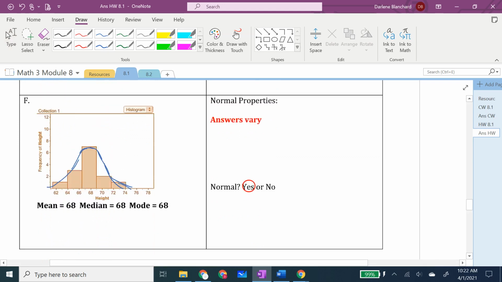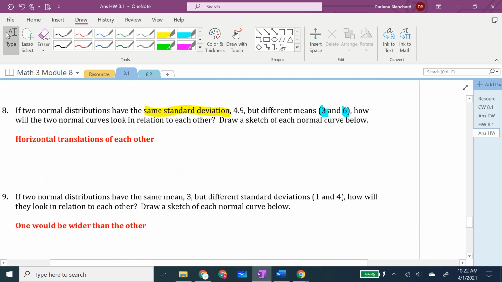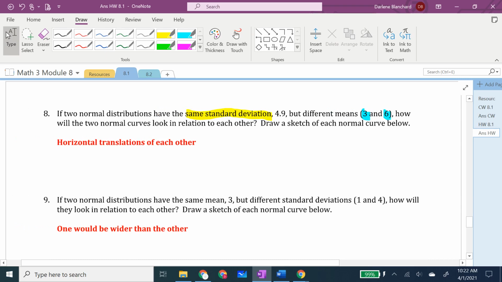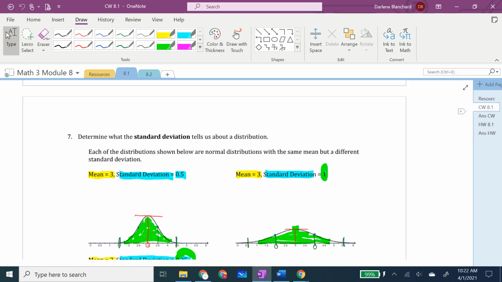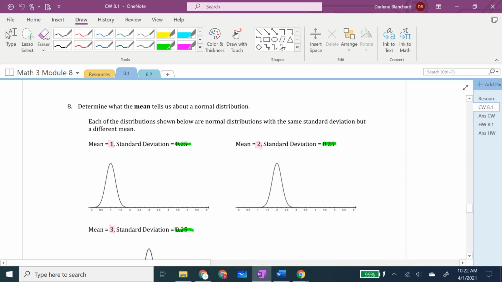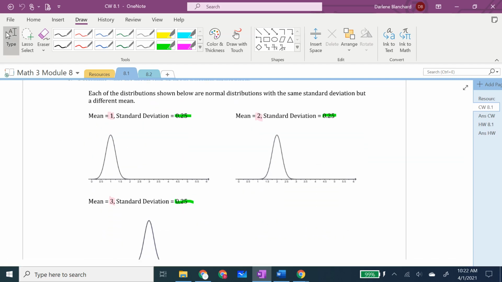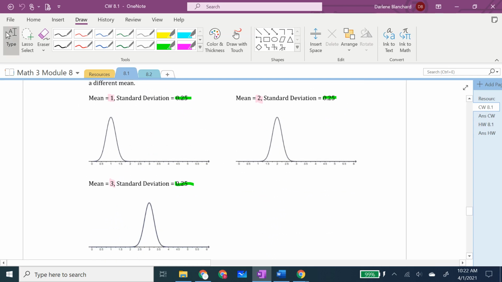Okay, then is there anything, so let me make sure to clarify with 8 and 9, if you have the same standard deviation with different means, I can go back over to here with the classwork we did to show you that when we looked at the same standard deviation with different means, it was just a horizontal translation.